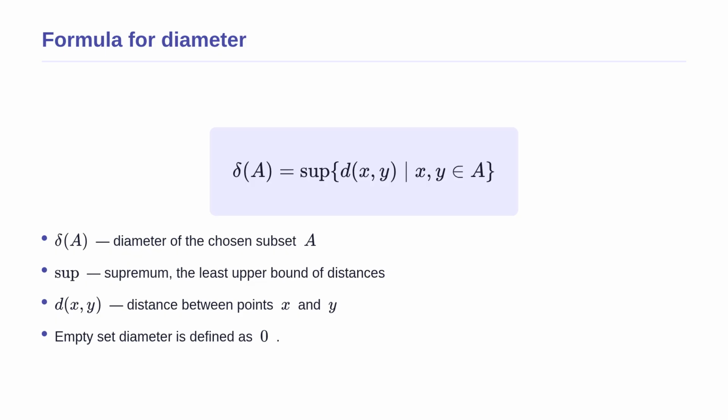The expression d of x, y represents the distance between two points, x and y, according to the rules of our specific metric space. The vertical bar means such that, ensuring both points are chosen strictly from inside our subset A. Also, if the set is completely empty, mathematicians universally agree to define its diameter as 0 because there are no distances to measure.